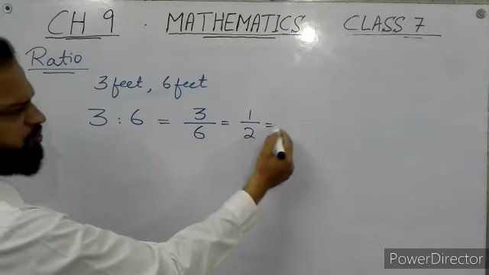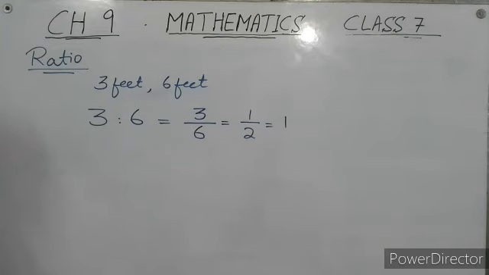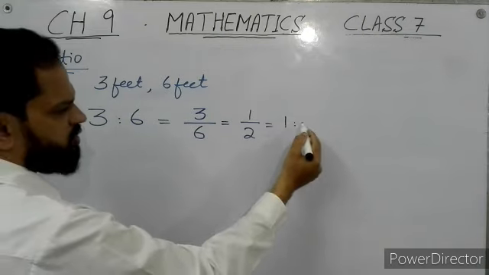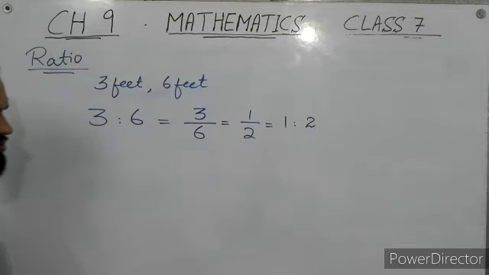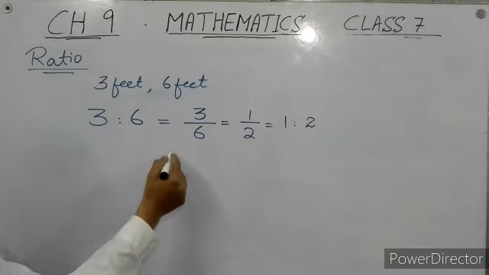Numerator will become first part of the ratio. Denominator will become second part of the ratio. Now 3:6 has become 1:2.